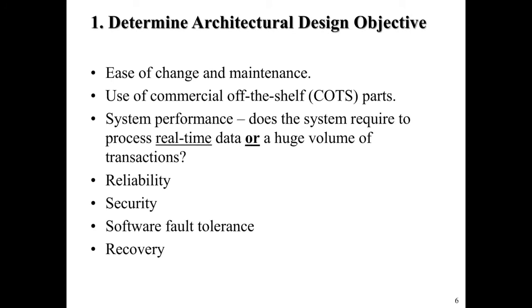Okay, in the first step, that is determine architectural design objectives. Some of the objectives can be that we want to develop our system for ease of change and maintenance, or some of the parts we want to use ready-made, that is, commercial off-the-shelf parts, we will not develop them.